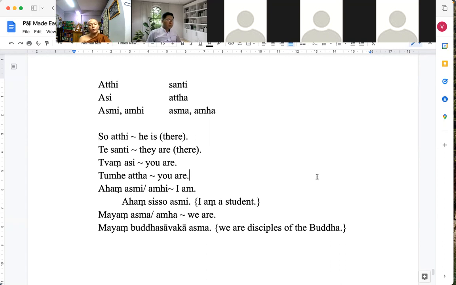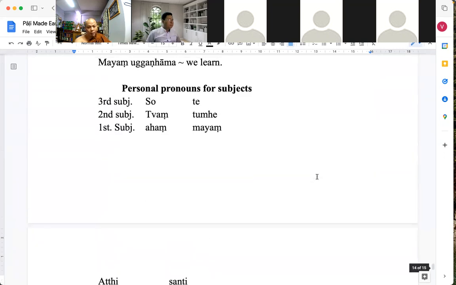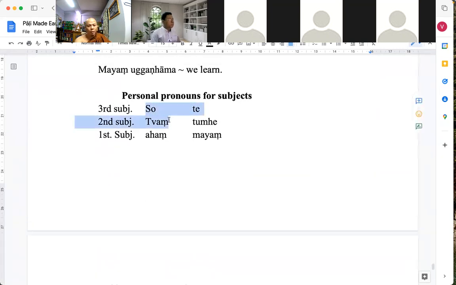We can use it. Okay, so now we already learned the personal pronouns. So for the third person, and for the second person, doam, dome, and for the first person, aham, mayam.